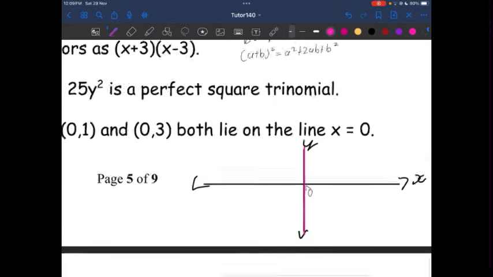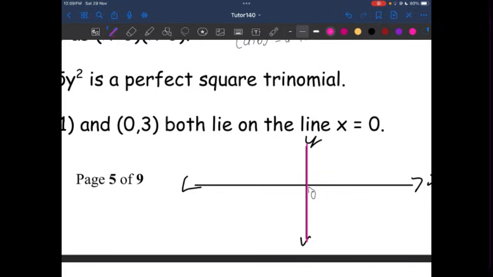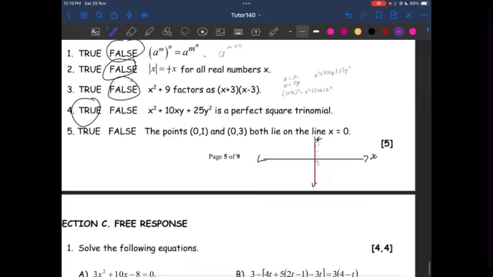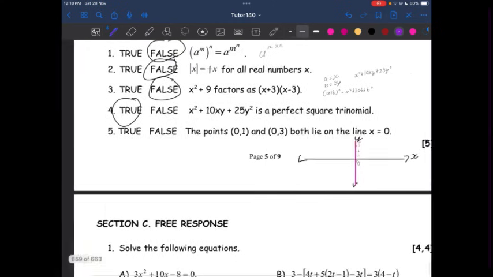If we plot our points (0, 1) on the y-axis, 1, 2, 3, 4. Remember this is the y-axis, right? You see the line x equals 0 is directly on this. So the points (0, 1) and (0, 3) are on this line. See (0, 1) here and then (0, 3) here. So they both indeed lie on the line. So that is true.